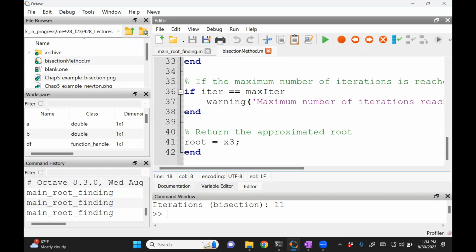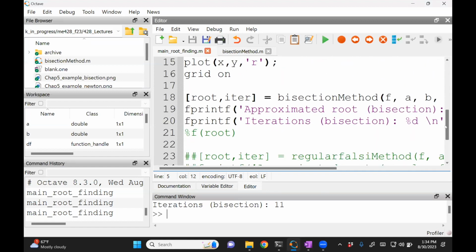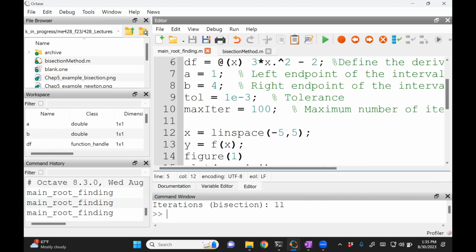So if you now took this code and gave an initial guess, you still need to bracket the root. So I had 1 and 4, right? 1 gives a negative. So let me just put 100 instead of 4. 1, 4 was kind of close.